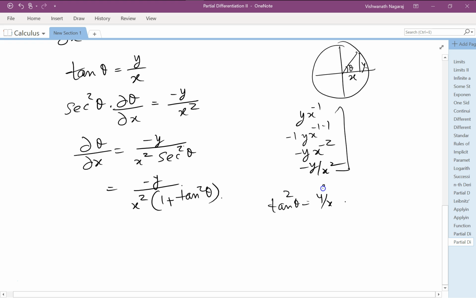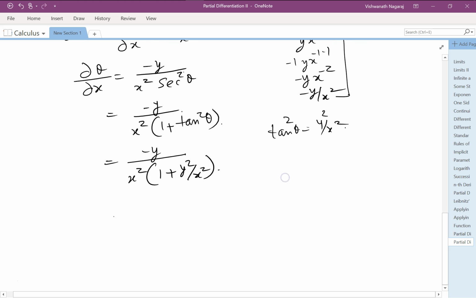So tan square theta will be y square by x square. So minus y by x square, 1 plus y square by x square. So when we open this bracket, what will happen? X square times 1 is x square plus x square times y square by x square will be y square.